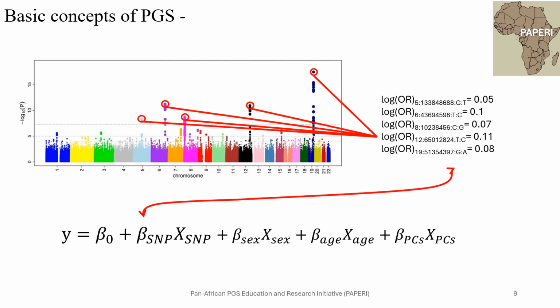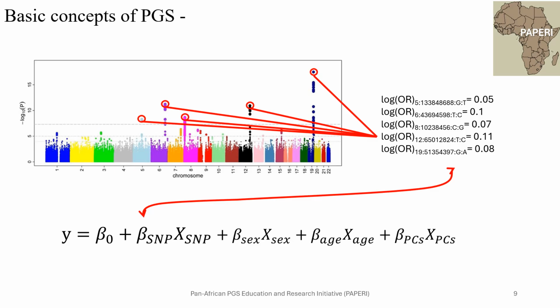Now, just to recap, as I was mentioning before, these results here in this Manhattan plot come from the genome-wide association study. And each one of these hits, in this case I circled the most significant hits, right, has an effect size, a beta, associated with it, and a p-value also.